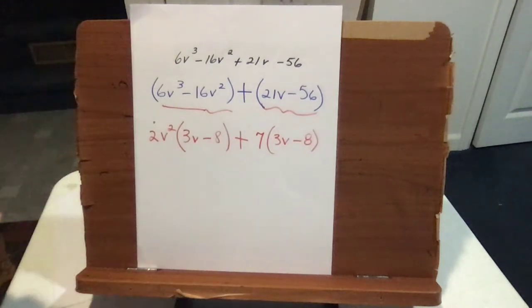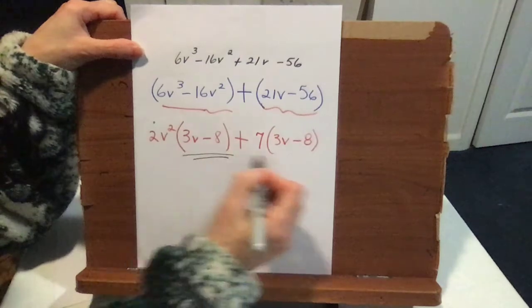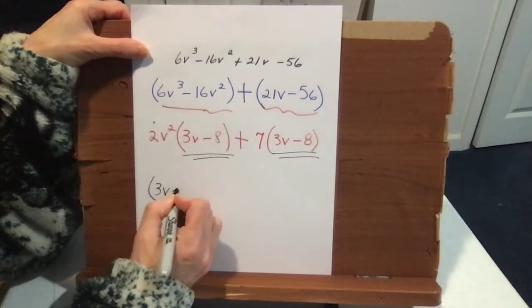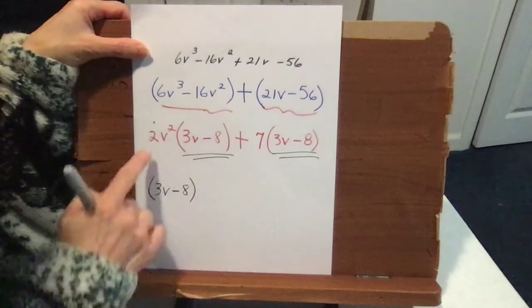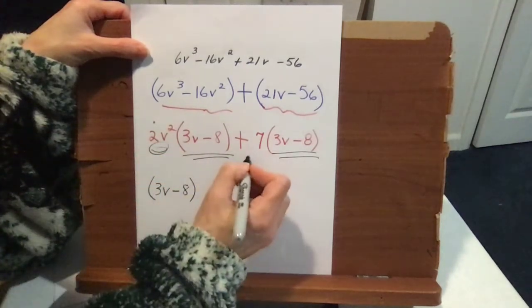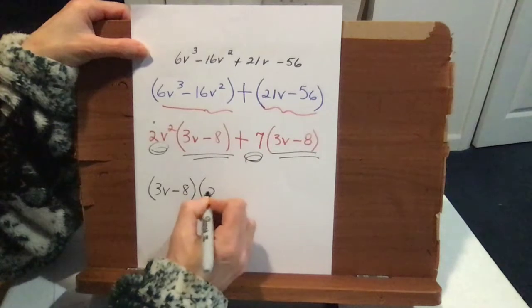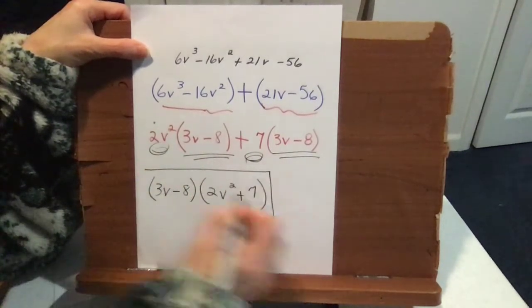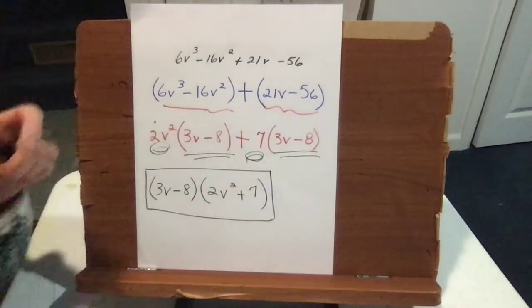All right, so something to consider when you're doing these. So as we can see, these two groupings are the same, so we're going to factor those out. So 3v minus 8 comes out, and we're left with 2v squared plus 7. And that is our factorization by grouping.